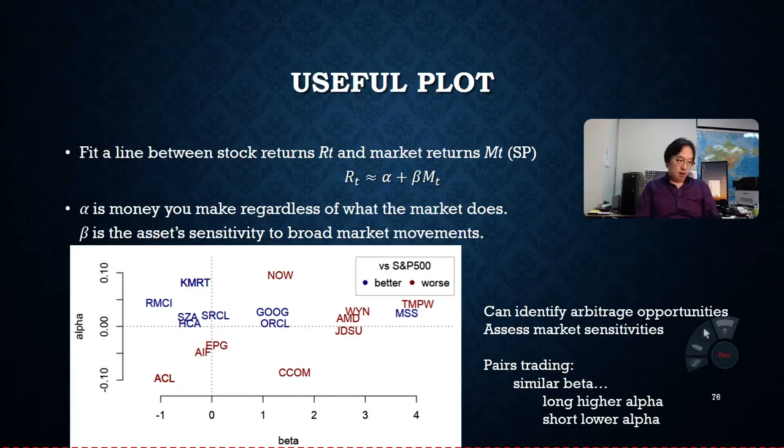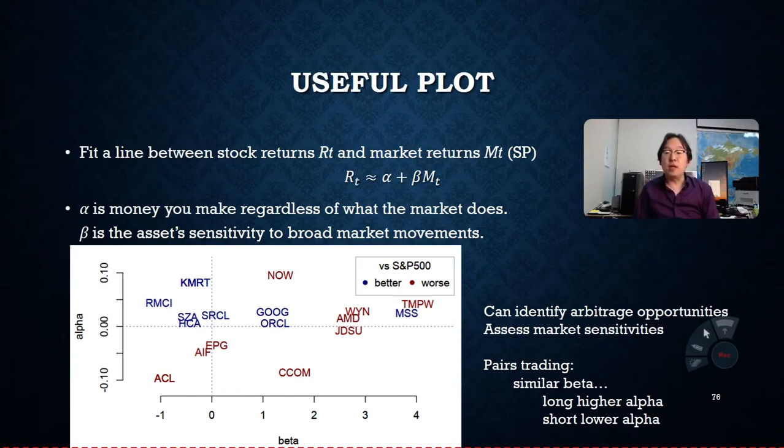Bigger than 1, more sensitive to the macro shock. Less than 1, less sensitive to the market shock. And minus means it's like insurance: when the market tanks, your stock outperforms. Insurance contract, I would say.